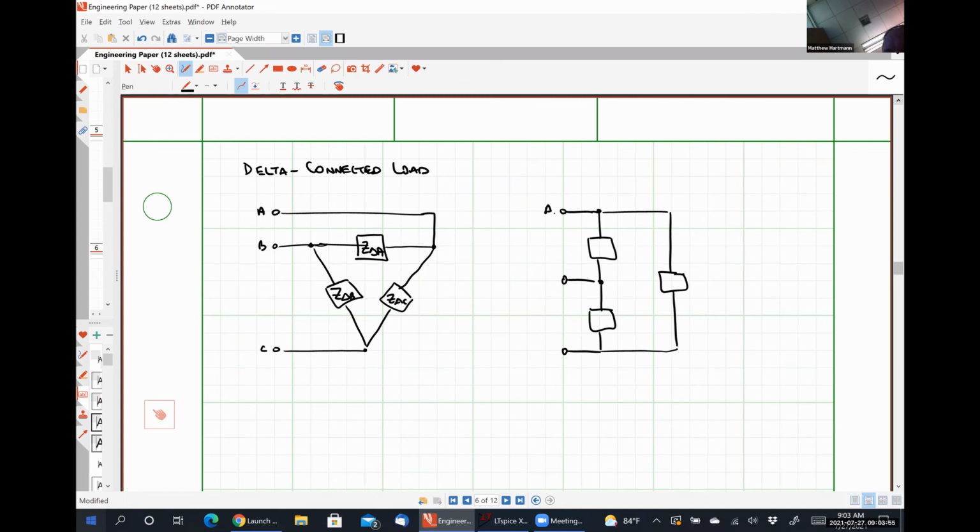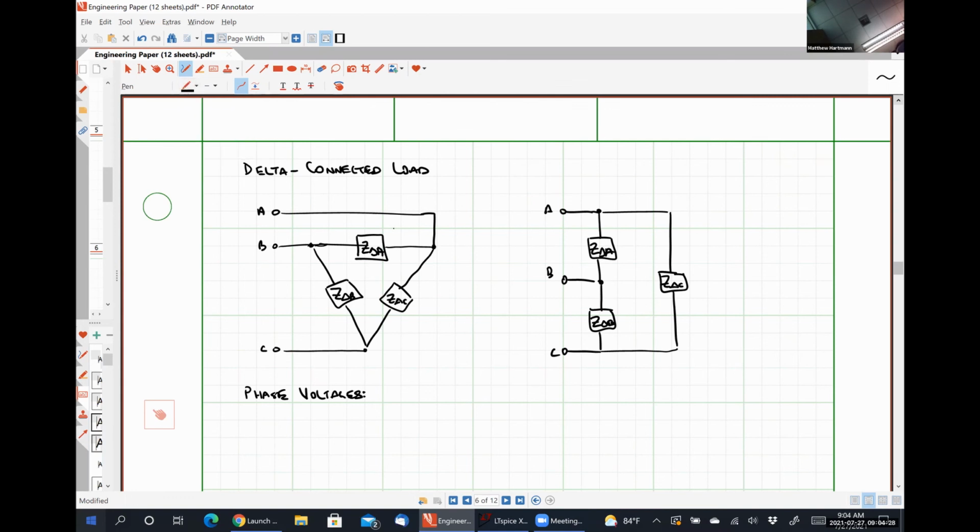Where this is A, B, and C. This is the delta A, C delta B, and C delta C. So our phase voltages in this case will just be the voltage drop over one phase of each load, or effectively just explicitly the voltage drop over the impedance, right?